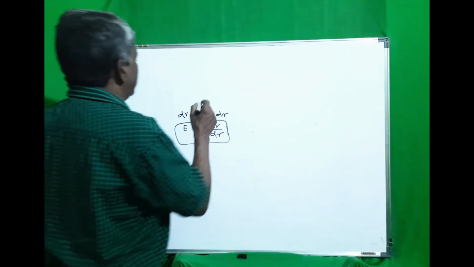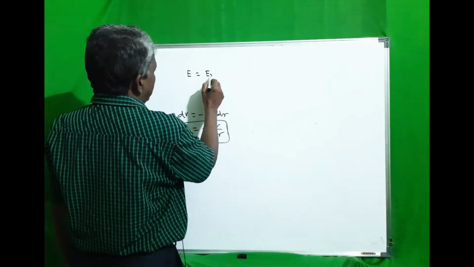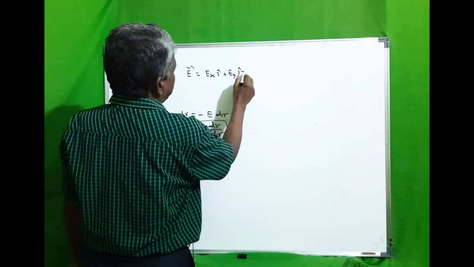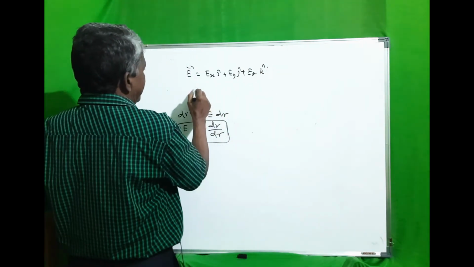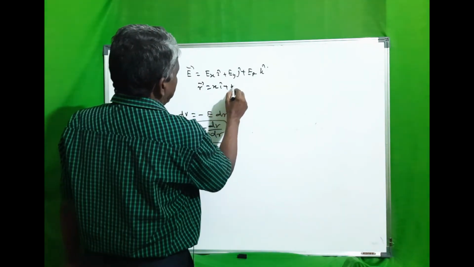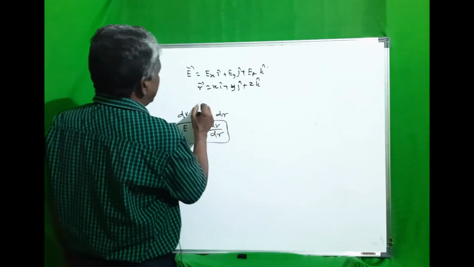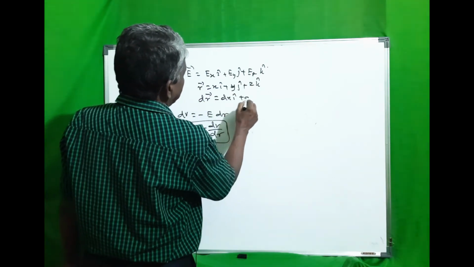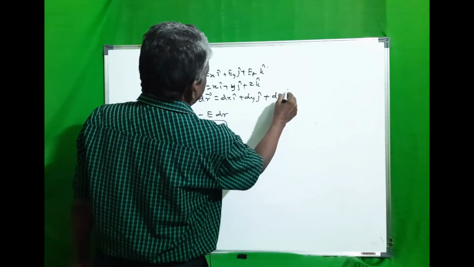Also, you can write if E is equal to Ex i cap plus Ey j cap plus Ez k cap and R is equal to x i cap plus y j cap plus z k cap, then dr is equal to dx i cap plus dy j cap plus dz k cap.